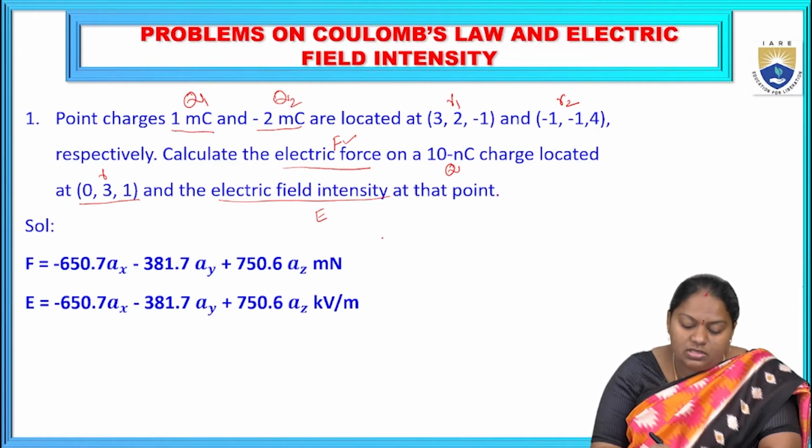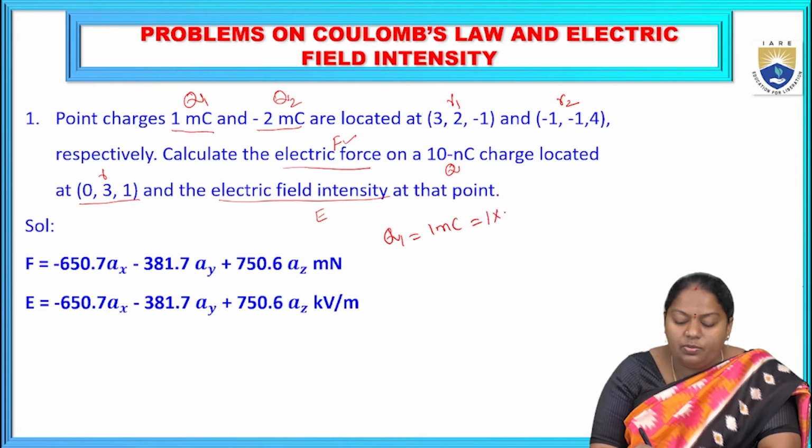First of all, Q1 equals 1 millicoulomb, and milli we have to write as 1 into 10 power minus 3 coulombs. For Q2 equals minus 2 millicoulombs, that is minus 2 into 10 power minus 3 coulombs.